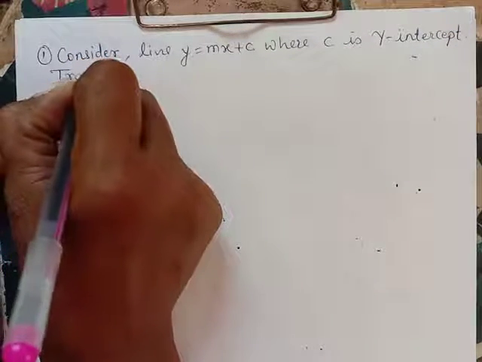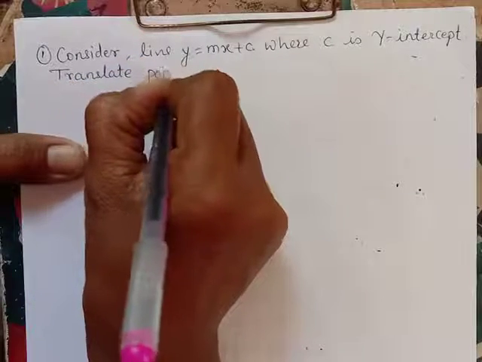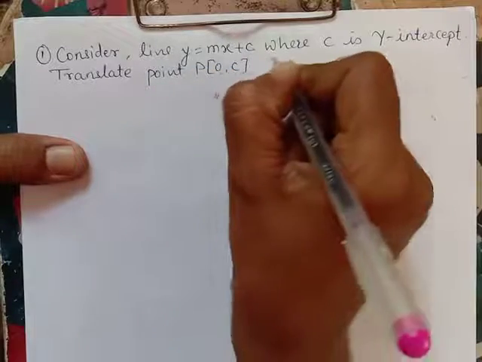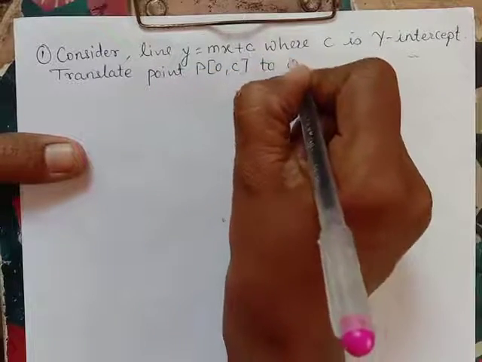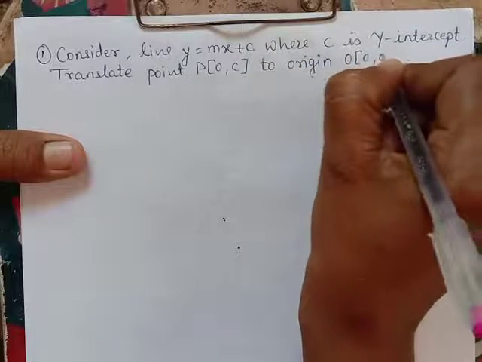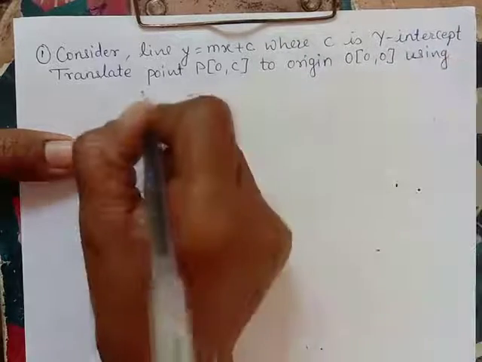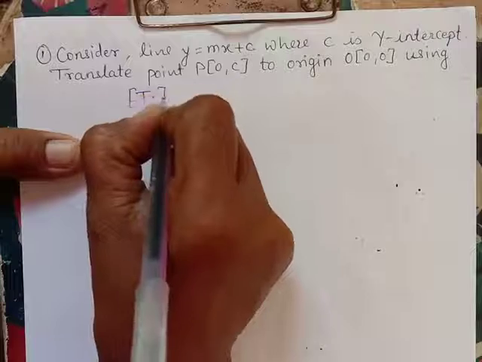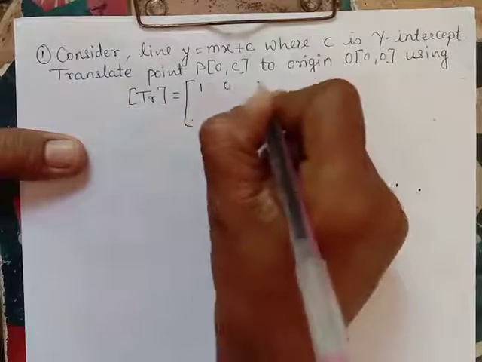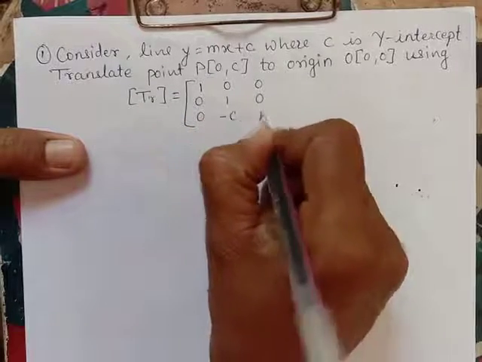Translate point P 0, c to origin O 0, 0 using translation matrix, and that matrix will be what? 1 0 0, 0 1 0, 0 minus c 1.